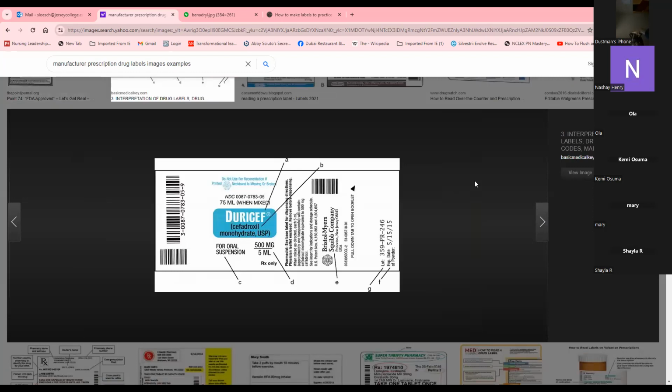What's the trade name? Duricef. Okay. What is the generic name? It's cefadroxil monohydrate. It's one name. Cefadroxil monohydrate. Okay. It's not 2 names.